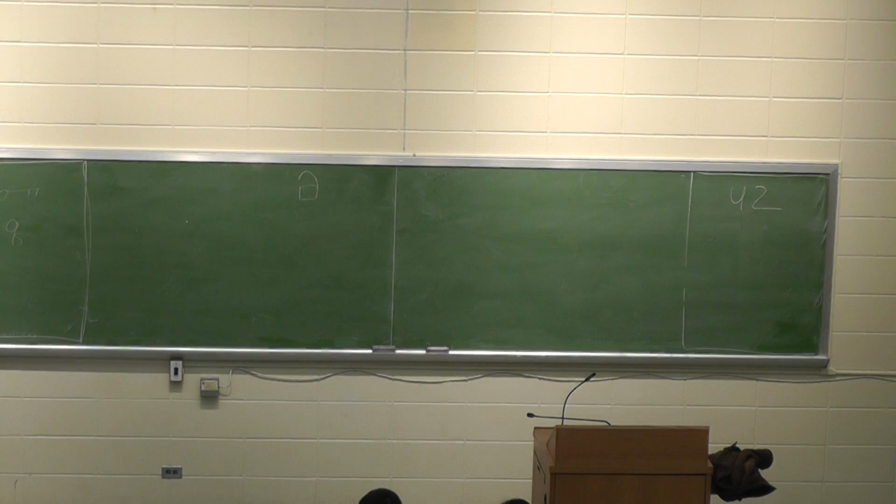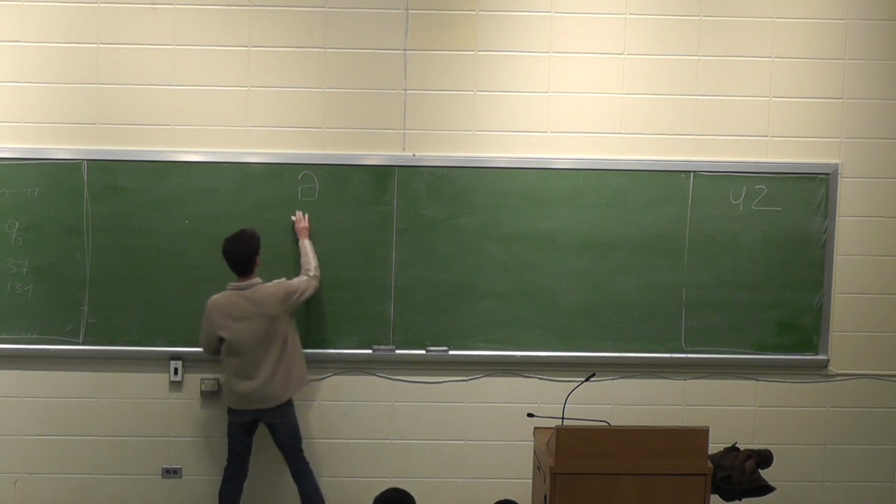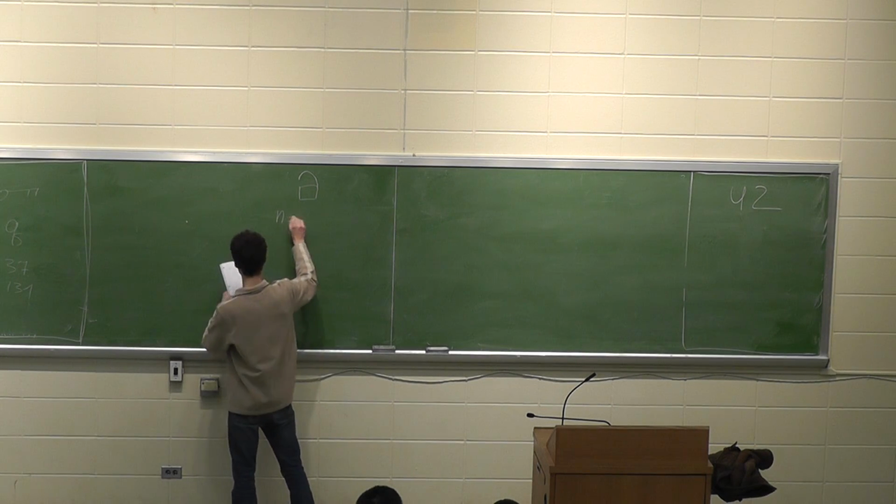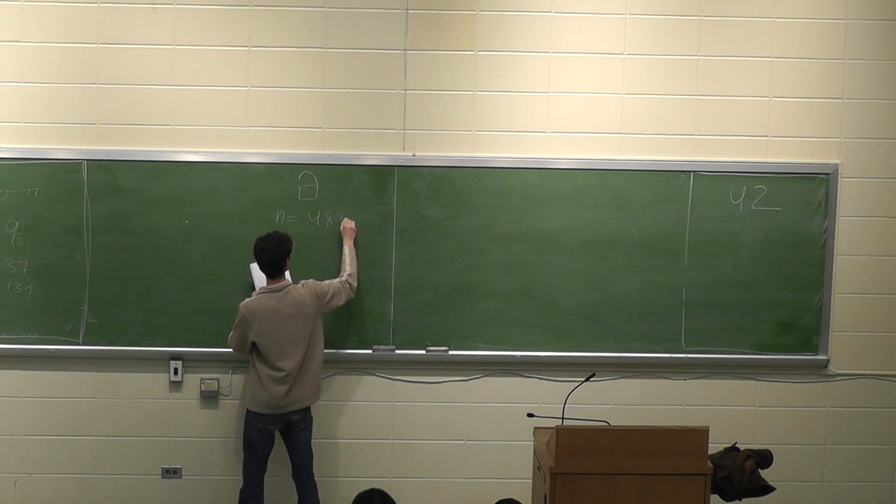Say p is 37, q is 131. So just choose two large numbers. What you put into the open is their product. So n is 4847.